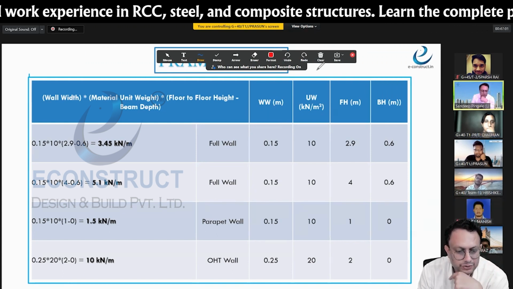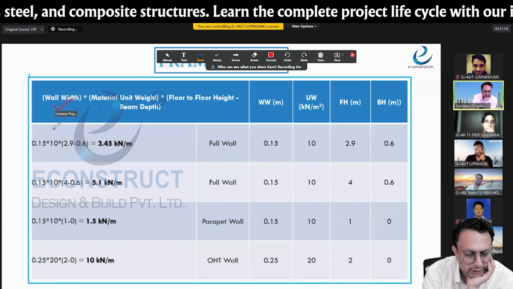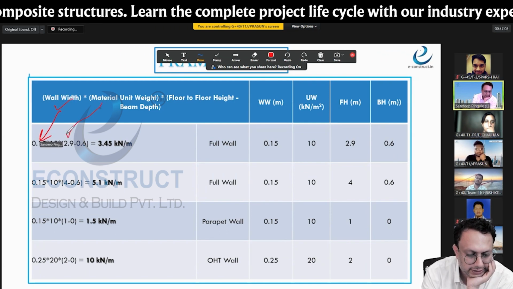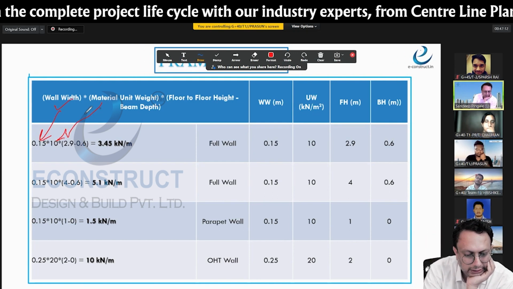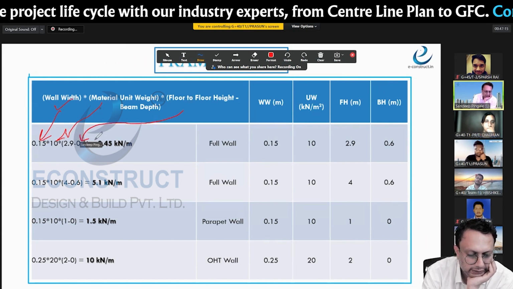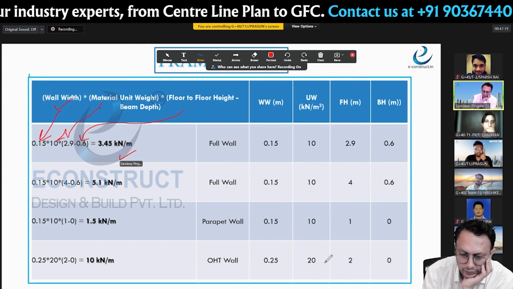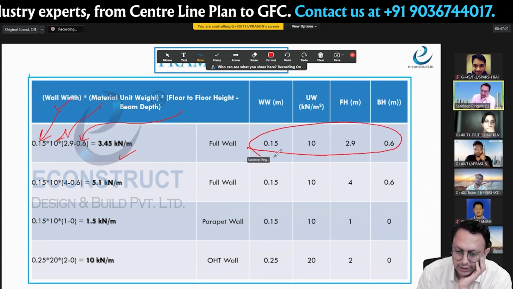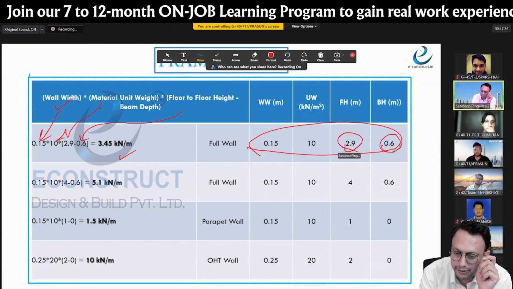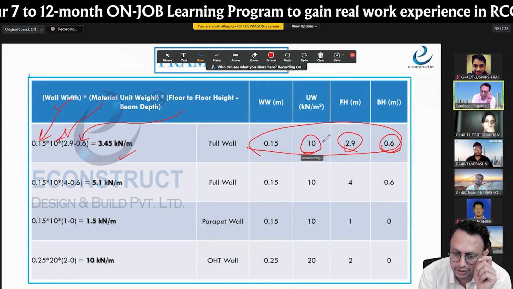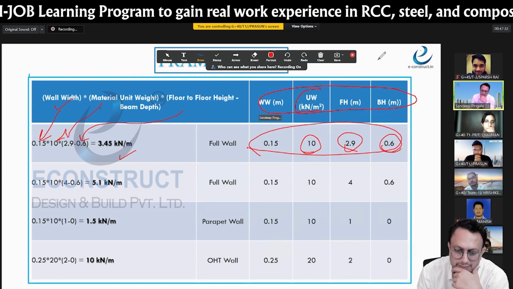Even I'm getting confused what you guys are doing here. The wall width is this much. 0.15. Material density 10, means you're taking lightweight block work. Okay. Load to floor height, this minus 0.6. Then what is this? So it's floor height. Beam height. Okay. And this is what? Unit density. Write this down properly here.